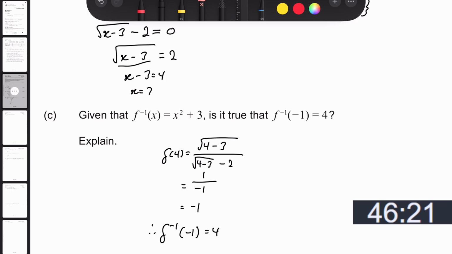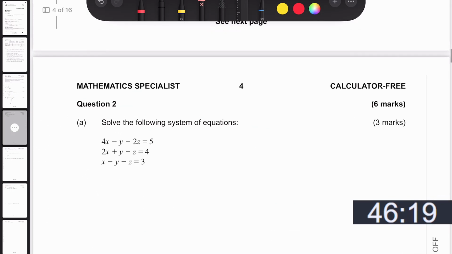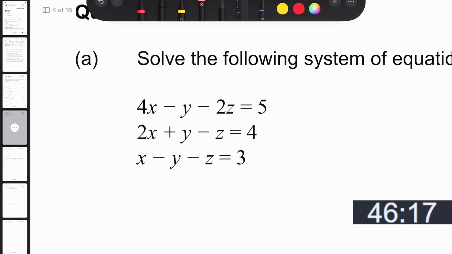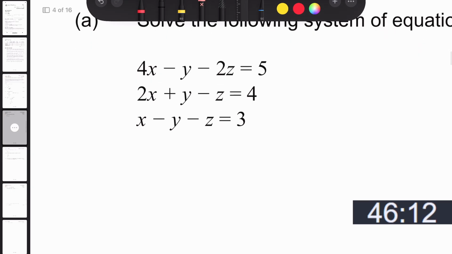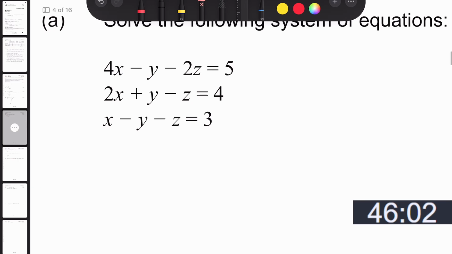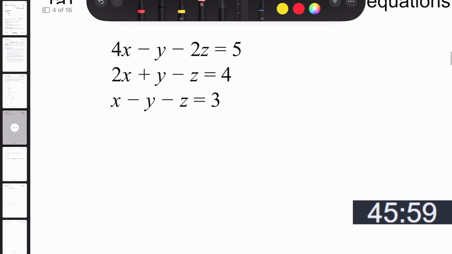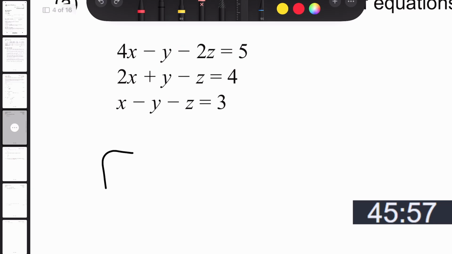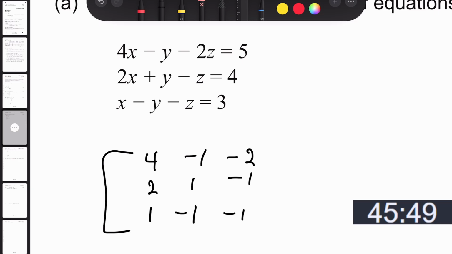Yeah. Okay. Let's go solve the following system of equations. How do we want to do this? If I add these, it becomes negative 2z. Let's do it as a matrix. So we're going to have 4, 2, 1, negative 1, 1, negative 1, negative 2, negative 1, negative 1, and 5, 4, 3.